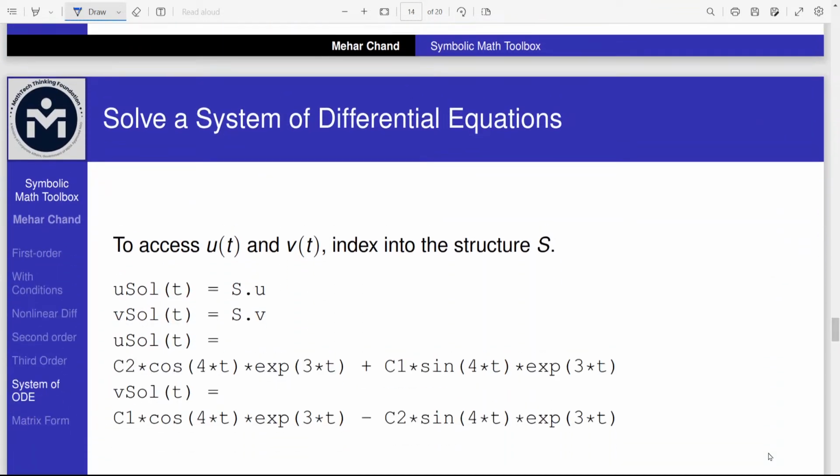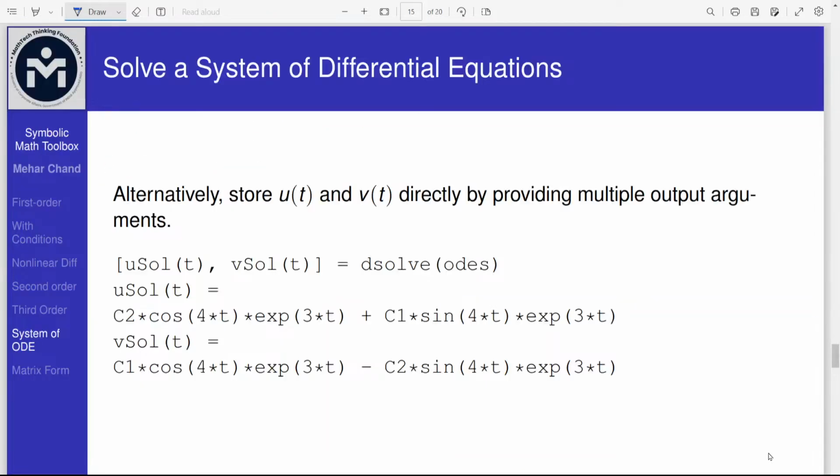To extract or access u(t) and v(t), we will use s.u and s.v. S.u will return the solution for u, and s.v will return the solution for v. Again, there is another way to use it: you can store u(t) and v(t) directly by providing multiple output arguments.